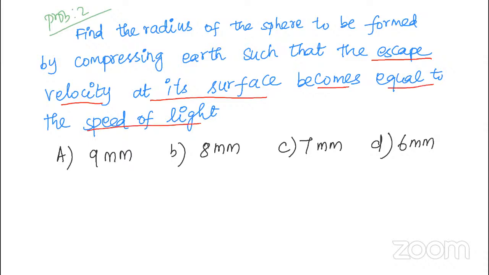Speed of light we mention as C. So here V of E is equivalent to C, which is nothing but 3 into 10 power 8 meter per second. Okay, so these are the values we have to use.